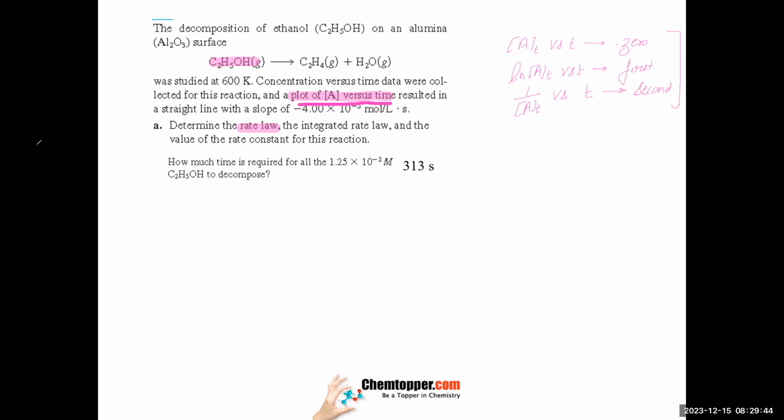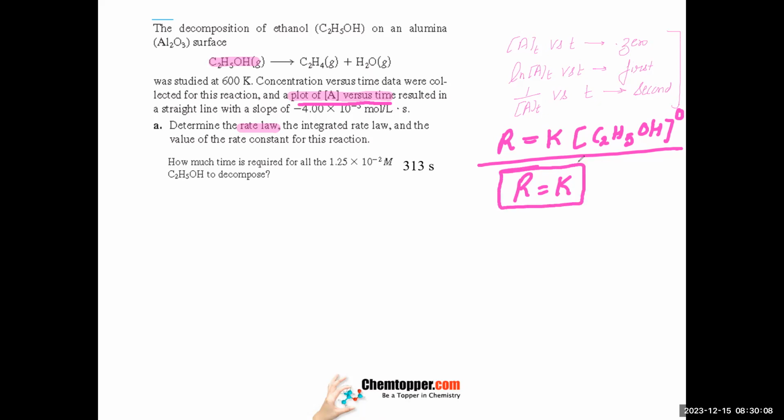So what's the rate law here? Zero order. So rate equals, I'm writing the rate law, rate equals K times concentration of C2H5OH raised to power 0, which is nothing but K. That's the rate law.